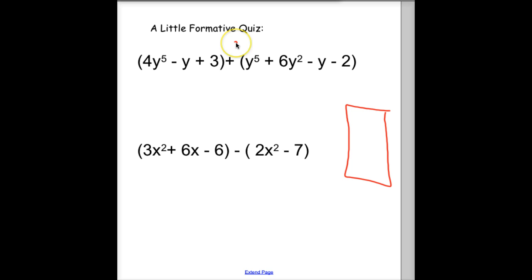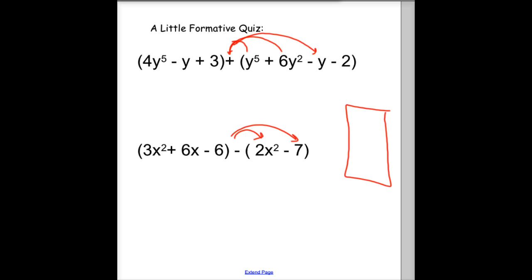We've got addition. It's always important to look at that operation, because subtraction requires the distributive property, whereas with addition, technically you could distribute that in, but it doesn't change anything, because plus y to the fifth is plus y to the fifth. Plus positive 6y squared is plus 6y squared. Plus a negative y is really a subtraction of y. That's not changing anything.